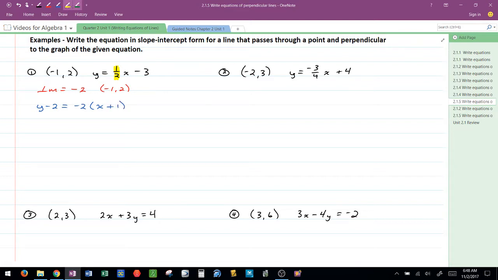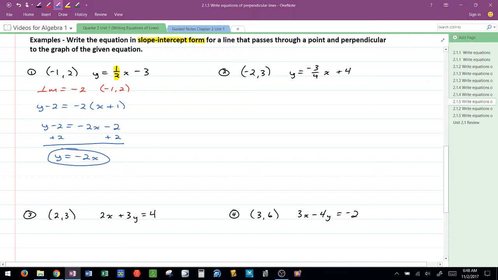They want this in slope-intercept form, so I distribute: y minus 2 equals -2x minus 2, and then I add 2 to both sides, and I have y equals -2x plus 0, or I can just leave it as y equals -2x.